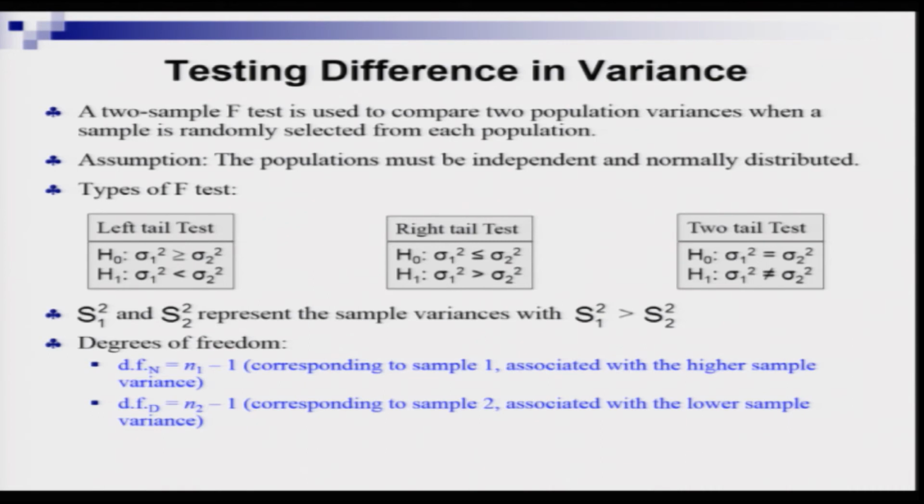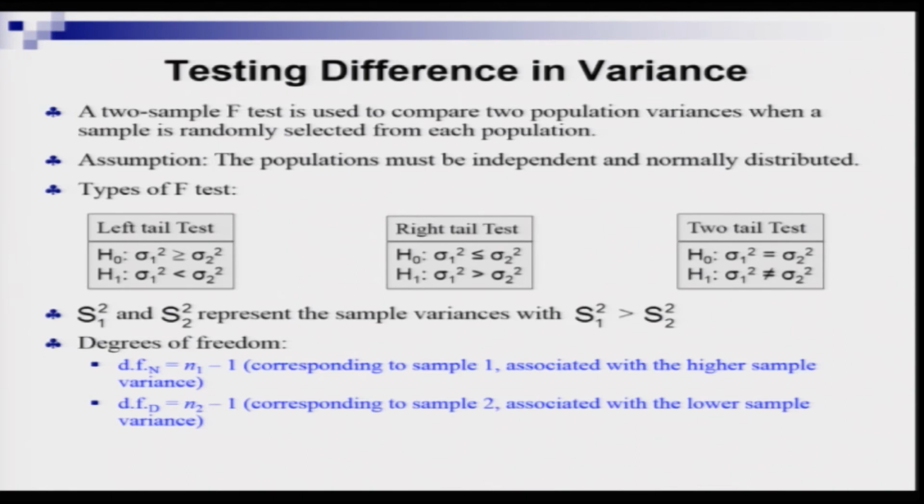These are the notations I am using to denote the population standard deviations for population 1 and population 2, and if you follow that notation, these expressions are easy to follow. In the center I have the right tail test description of the null and alternative hypotheses, and finally the third box on the right hand side gives the null and alternative hypotheses for a two tail test.